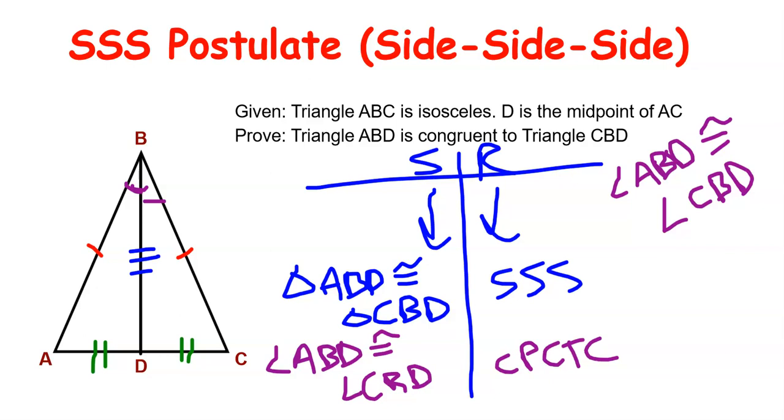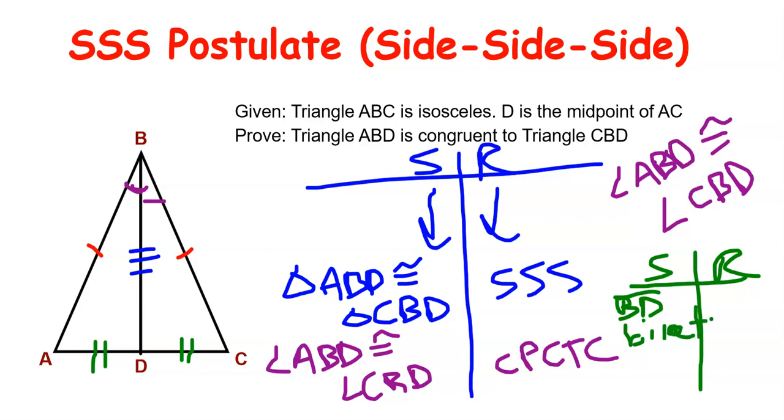So we can even go one step further and say in our statements and reasons here that BD bisects angle ABC. That was really sloppy writing right there, but you know what I mean. And that's because of the definition of an angle bisector.